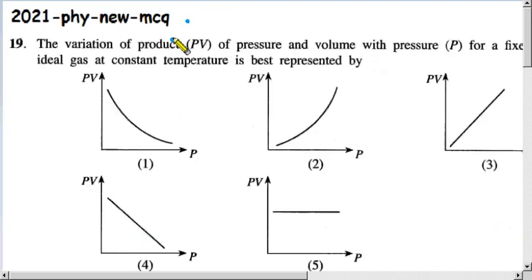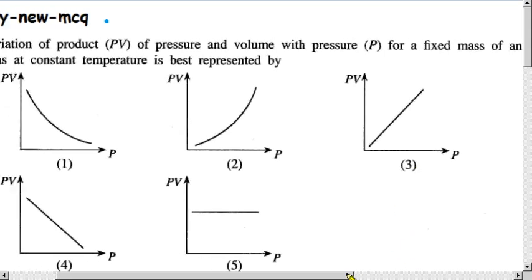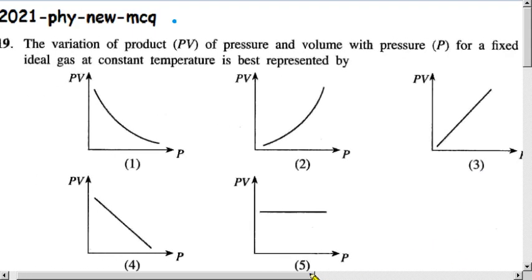Children, now let us try to solve this problem. Question number 19 from the MCQ part of 2021 Physics New Syllabus paper. The variation of the product PV of pressure and volume with pressure P for a fixed mass of an ideal gas at constant temperature is best represented by.